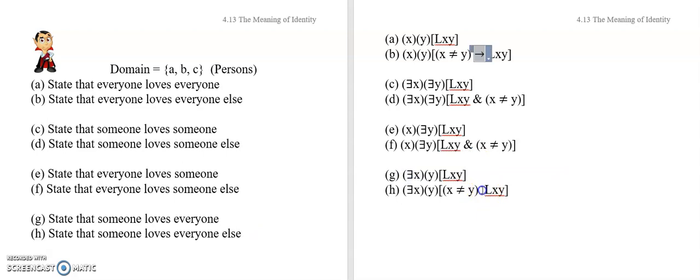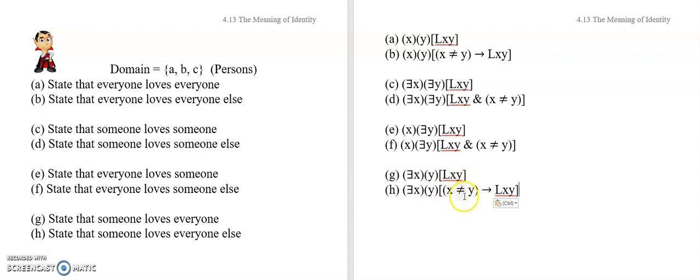This one's a little bit tricky, but we want to use the arrow here. This says there exists at least one person x, for any y, such that provided x is not identical with y, then x loves y. You're thinking about all your possible pairs, AA, AB, AC, BA, BB, BC, and so on.